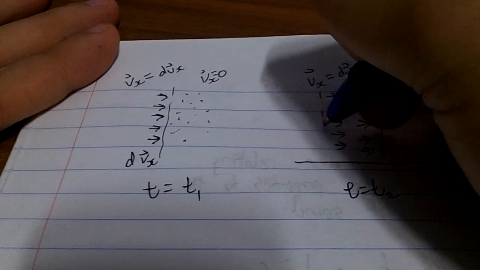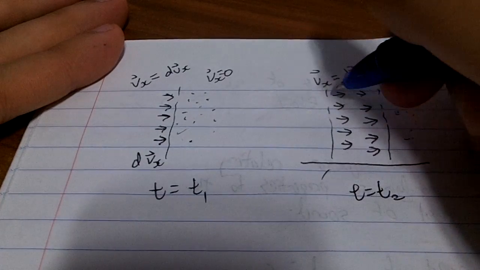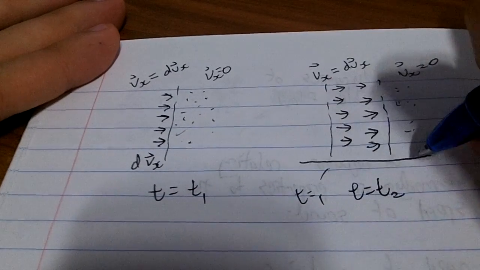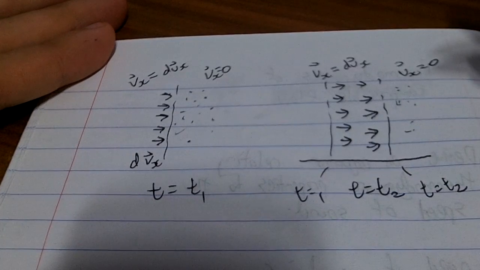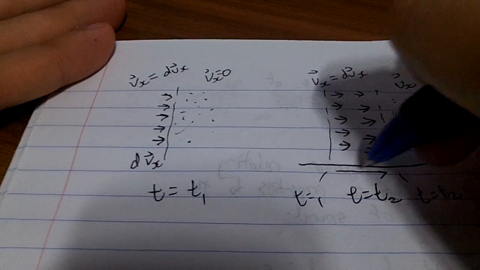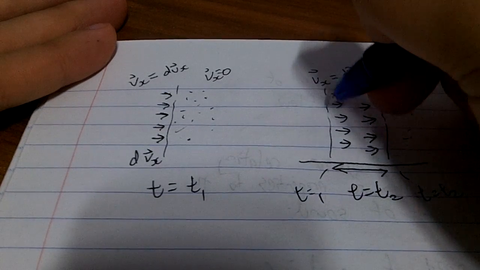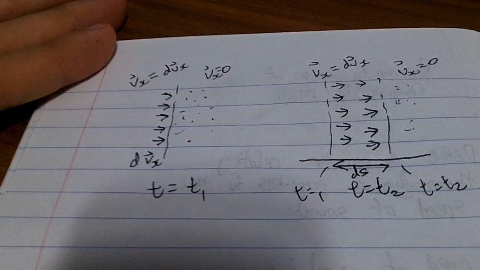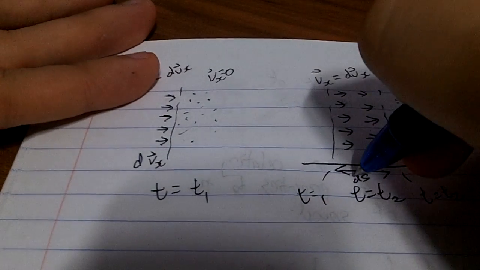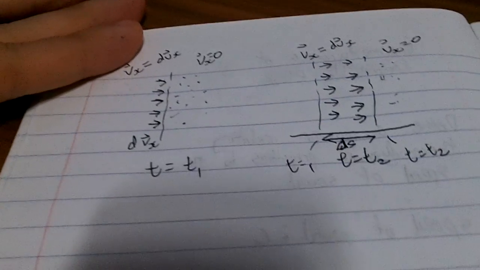Now what happens? From the boundary being at t equals 1 to the boundary being at t equals 2, you see that the wavefront has actually moved just a little bit. A little small distance, delta s, or ds, however you like to call it.